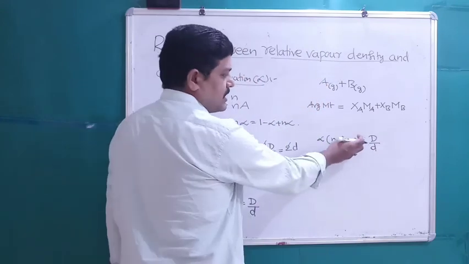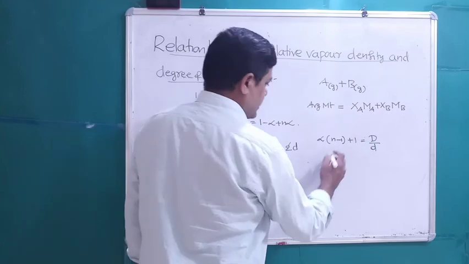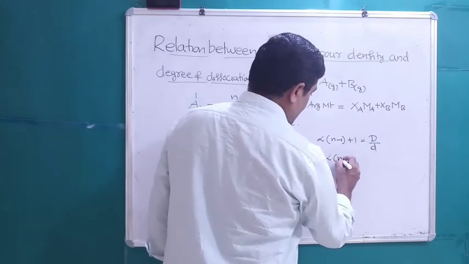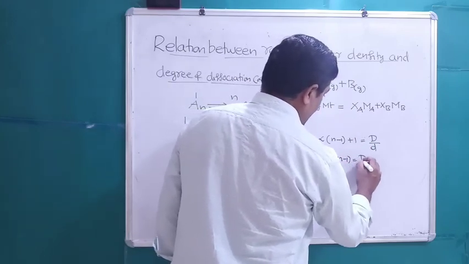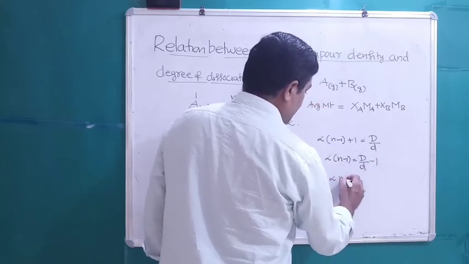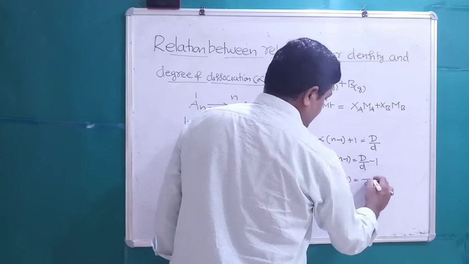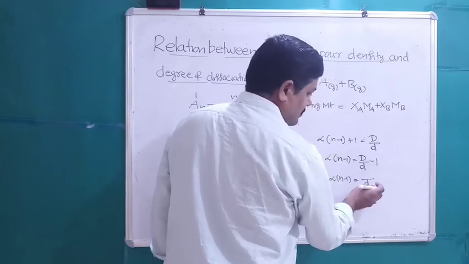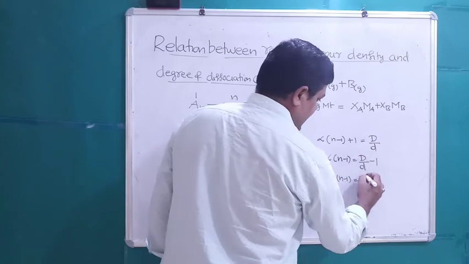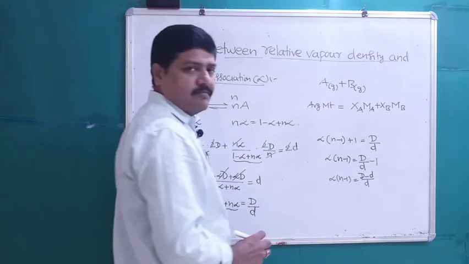Transfer plus 1 also to the other side of the equation, it becomes minus 1. So alpha into n minus 1 is equal to D by d minus 1, right? Here the LCM is d, so small d is in the denominator, and in the numerator we get capital D minus small d, right?